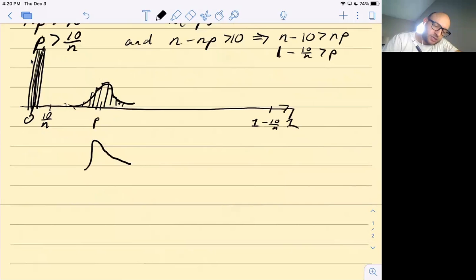So you could potentially have something like if n is equal to 1,000, you will have a really, really skinny bell curve.